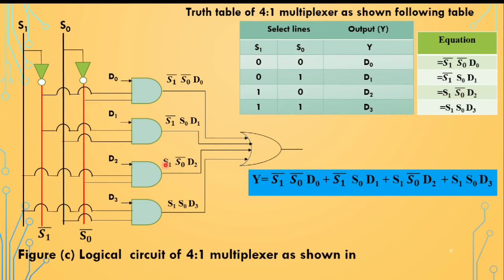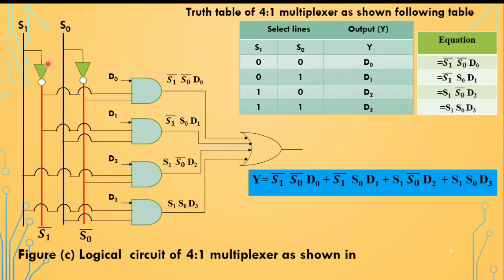So S1 is connected here and S0 bar is connected to the red line. For the fourth AND gate, D3 is as it is. For S1 S0, one input of the AND gate is connected to S1 and one input is connected to S0.